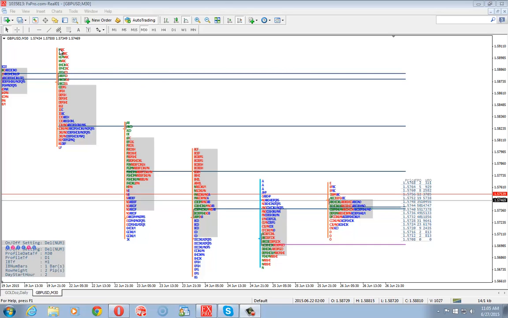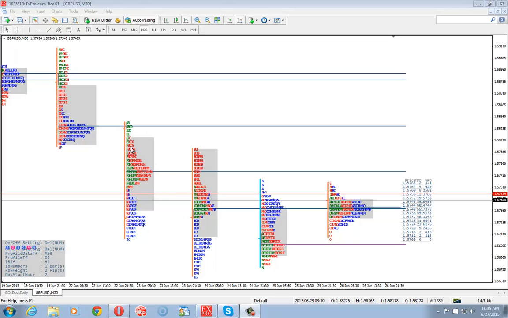Here I can see the entire day's range, so I can see dynamically what's going on within the day. And inside I can see the TPOs. The colors represent the different sessions. Because I'm trading currencies, I've modified it to suit me.